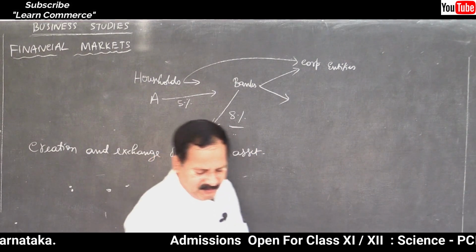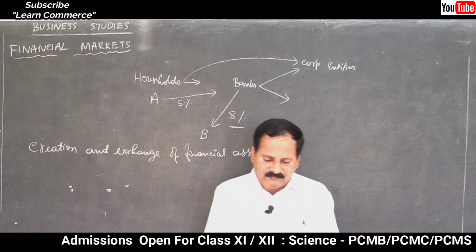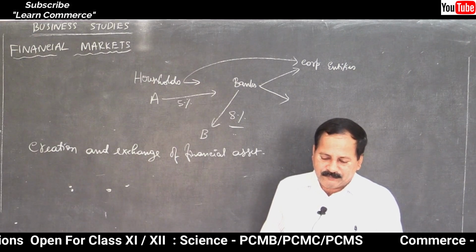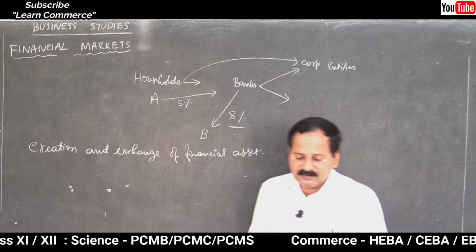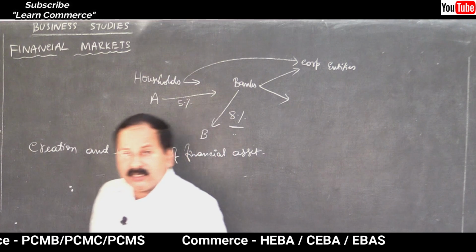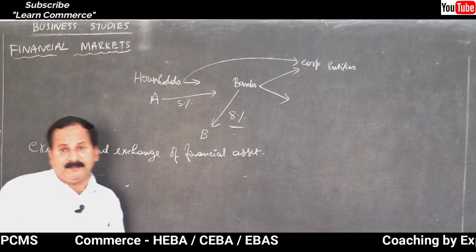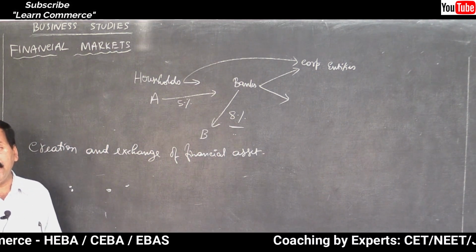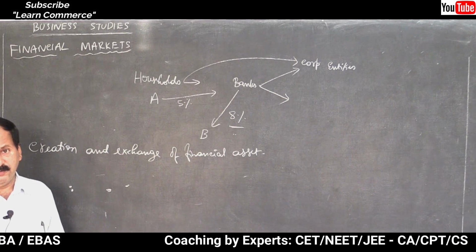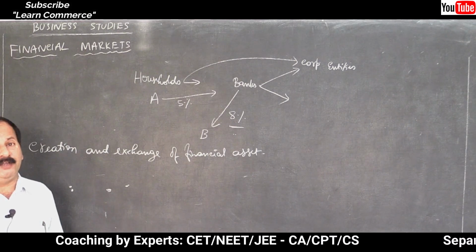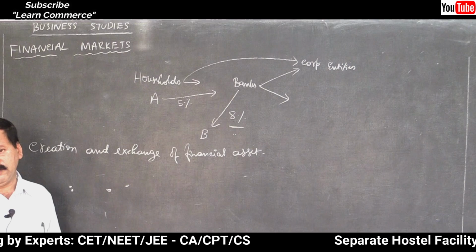The assets may be in the form of shares or debentures of the firm or the company, and either new shares may be purchased. A company is issuing new shares, that is an initial public offer, IPO, isn't it?